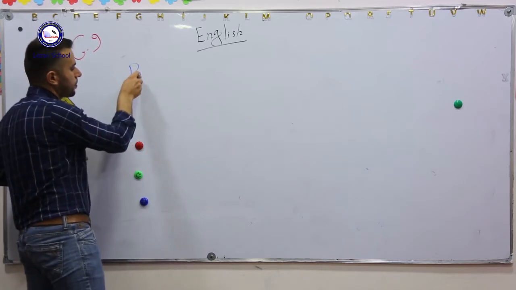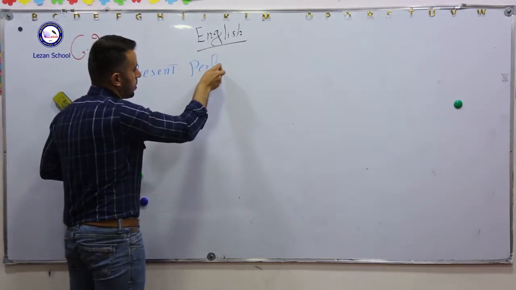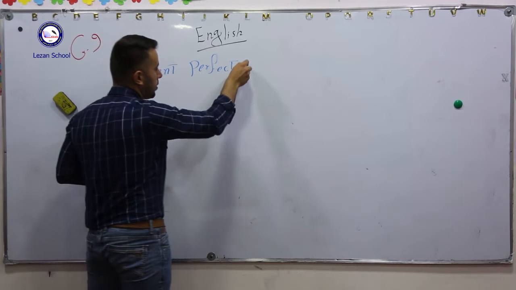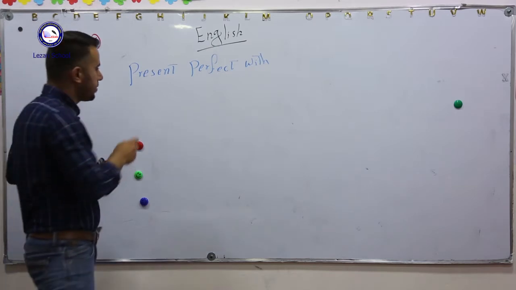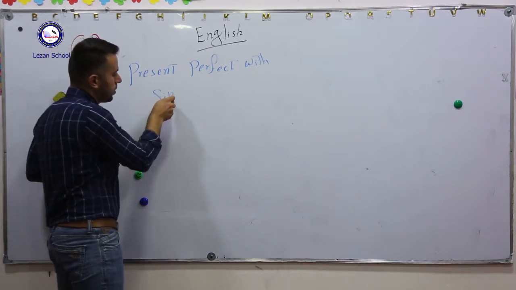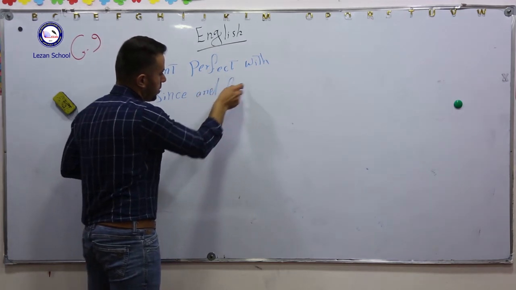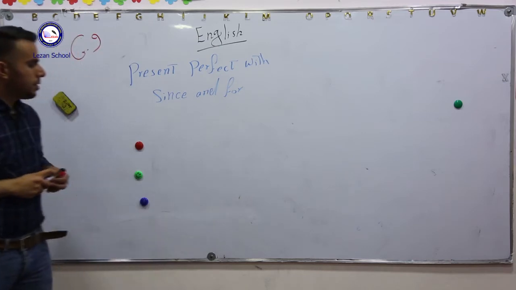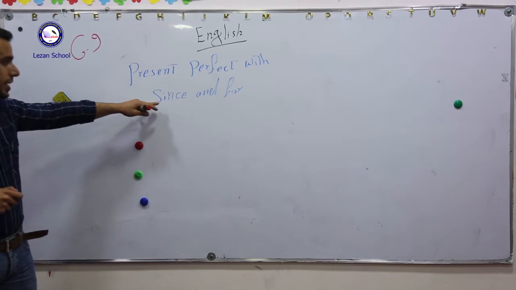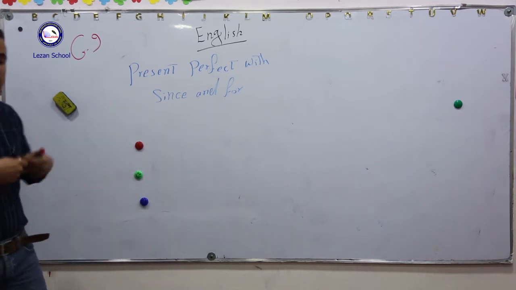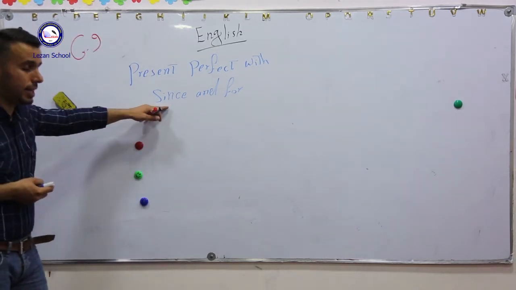Present perfect with what? Since and for. Guys, we use since with an action to indicate the time of starting an action.